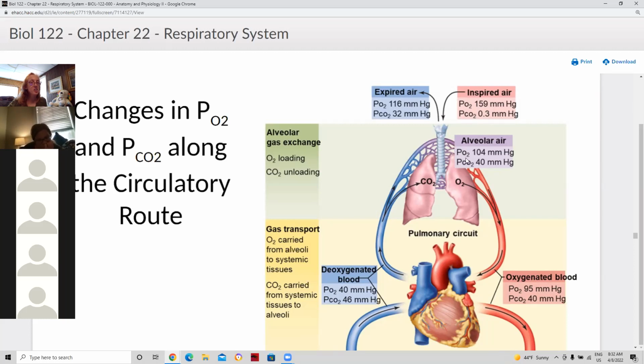And remember, oxygen's partial pressure is going to drop because oxygen is not very soluble in water. Carbon dioxide is much more soluble in water, and therefore its partial pressure is going to go up in comparison to the outside air.